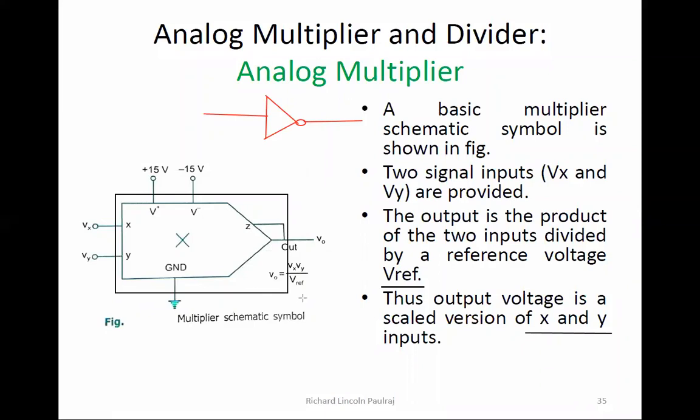So it's Vx into Vy divided by some constant number, say 10 or 15 or 20. Ultimately you're getting at your output a part of the input, but a scaled down version. What do you understand by a scaled down version? A miniature version. Say you have 5 here; if I divide it by 10, I'm going to get about 0.5. But the nature of my output is a miniature version of the input.